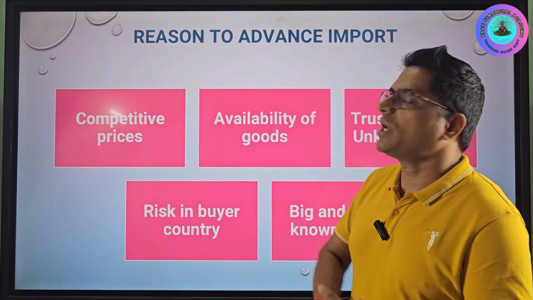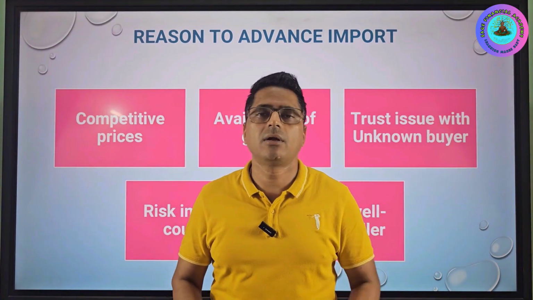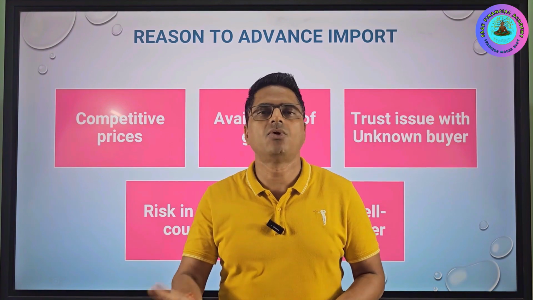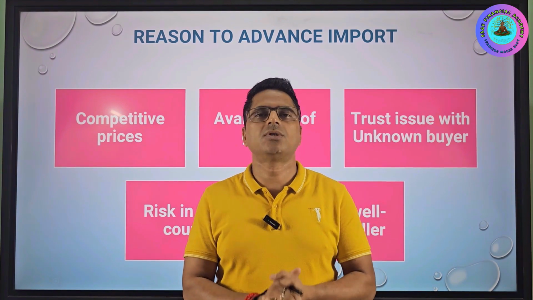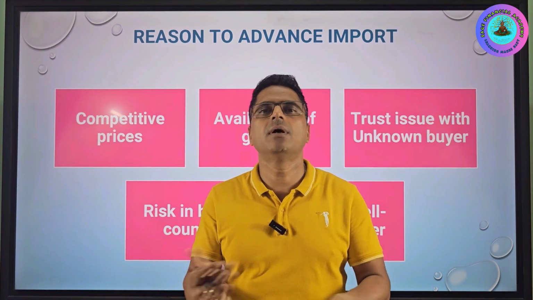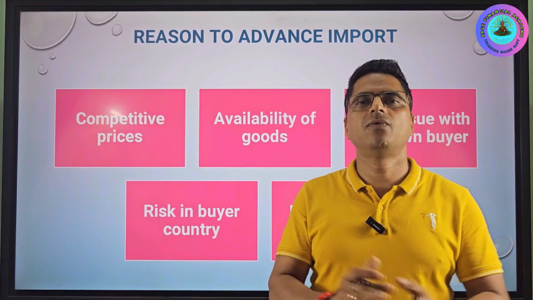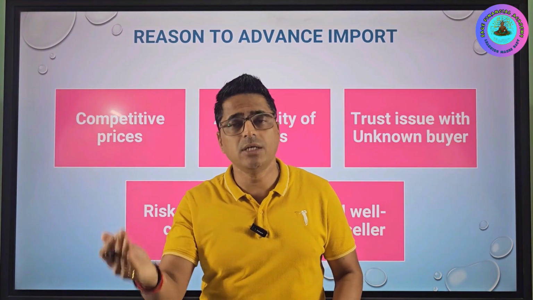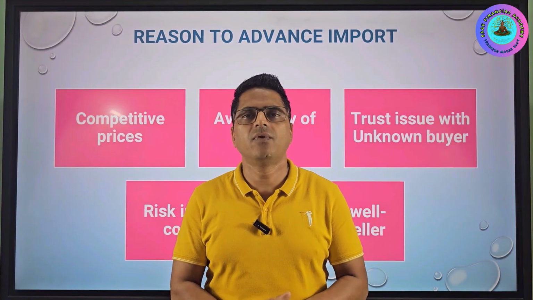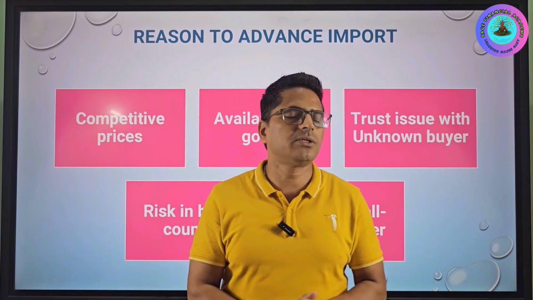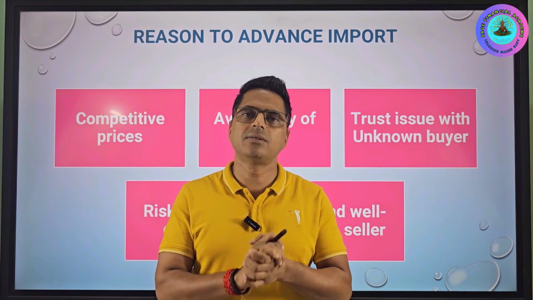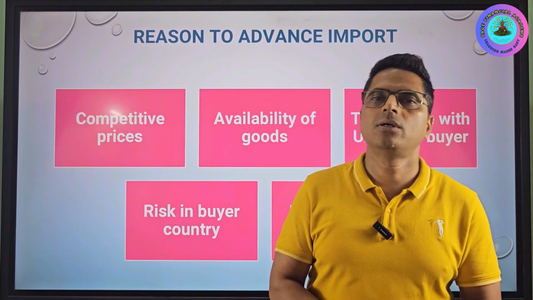First, competitive prices. Maybe in that country the prices are extremely cheap, and the supplier is not ready to ship any goods before receiving the payment. Maybe there is some condition where the supplier is asking 100% advance payment. For example, a party is asking to buy $1 lakh of goods, and the supplier is saying, yes, I will be able to supply those goods only upon receipt of $1 lakh in advance.